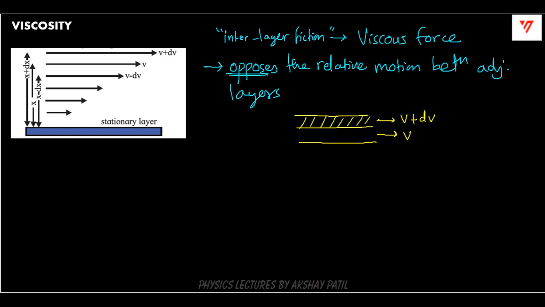I hatch these layers to differentiate their representation. The upper layer has a greater speed compared to the bottom layer, so there will be relative motion, and the force that opposes the relative motion in the case of fluids is called the viscous force.